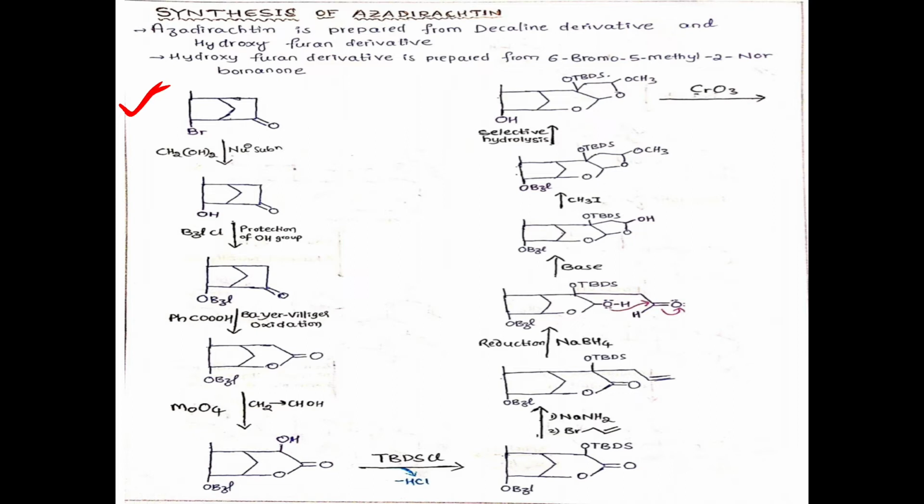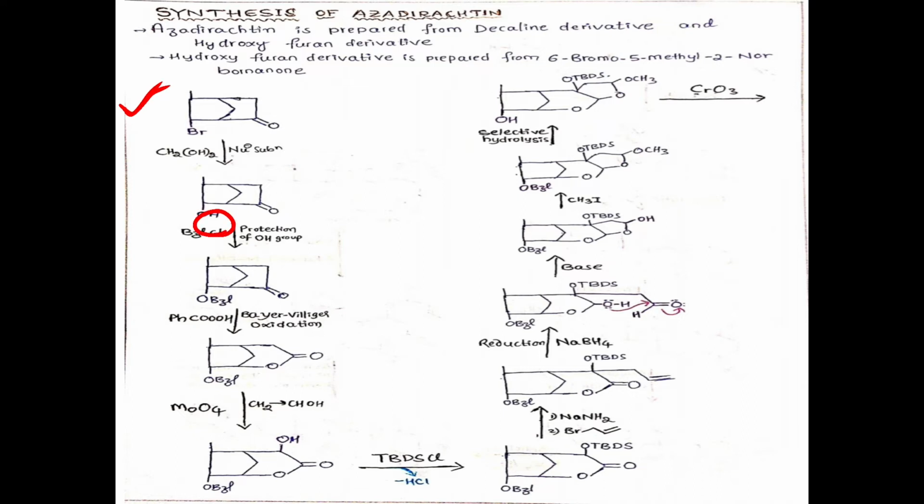So as a result, we get 6-hydroxy-5-methyl-2-norbornanone. This compound contains a free hydroxy group.